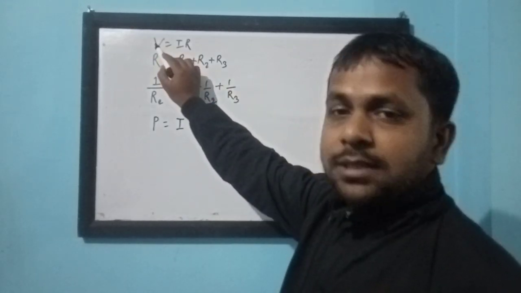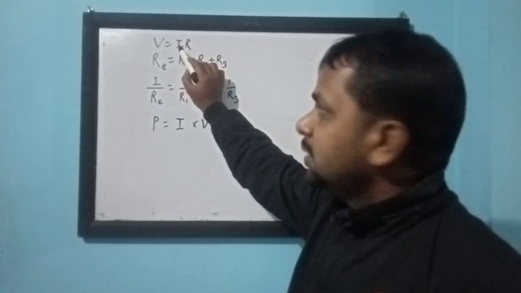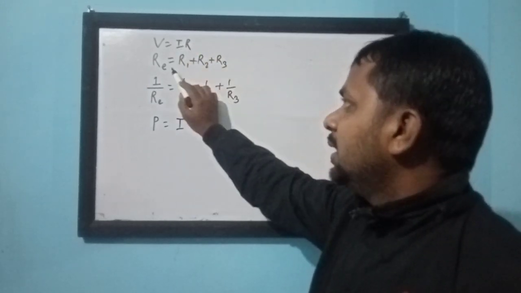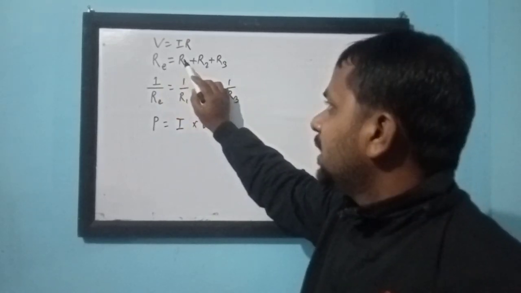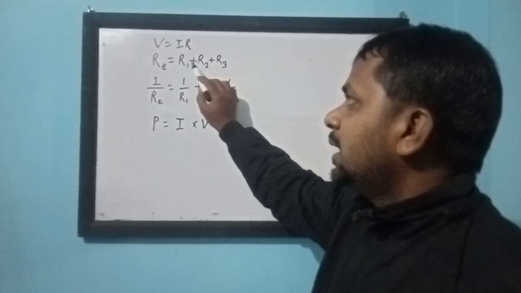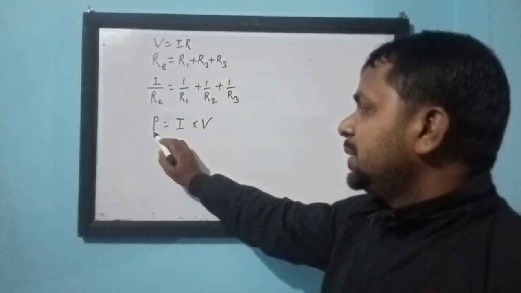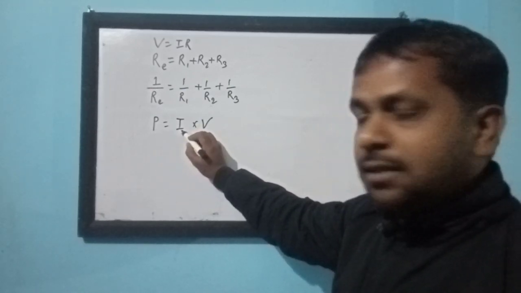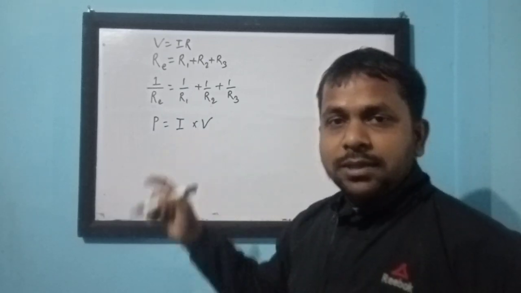V means potential difference or voltage, I means current, R means resistance. Here Re represents equivalent resistance, and these are the resistors that can be bulb, fan or something. And this P is electric power, I means electric current, and V means potential difference or voltage, we can say.